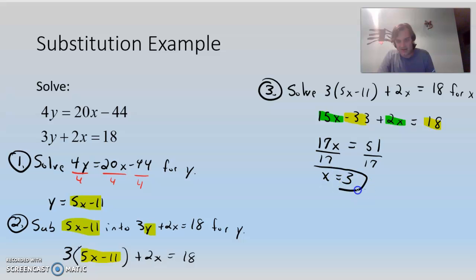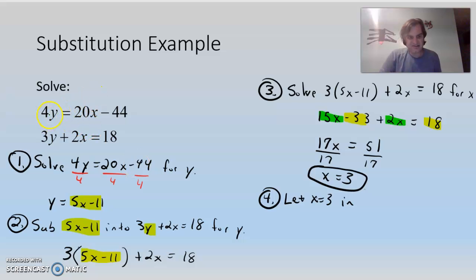So we got one of our variables, but we need both of them for the system. So step 4, we need to let x equal 3 in an equation, and here's what I want to show you. We could take any one of the equations we got. We could take the 4y equals 20x minus 44 and let x be 3 and figure out what y would be.